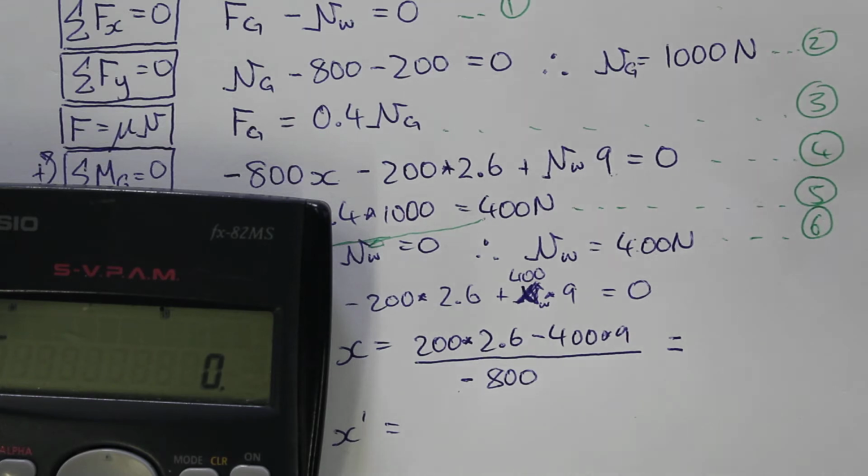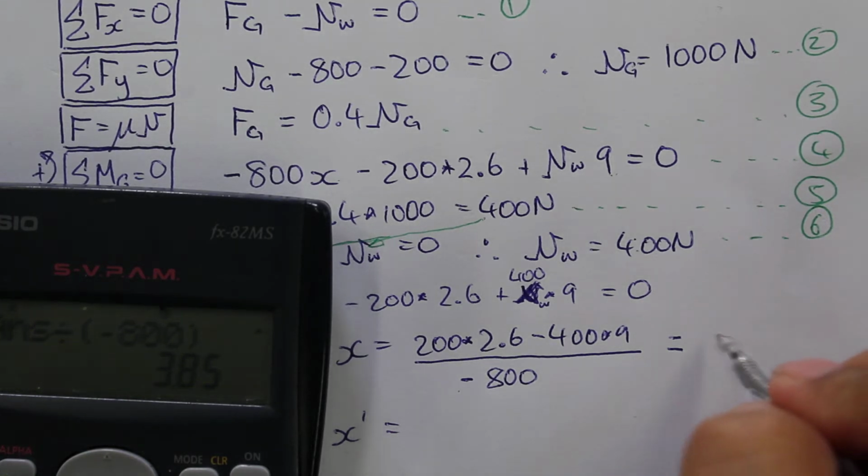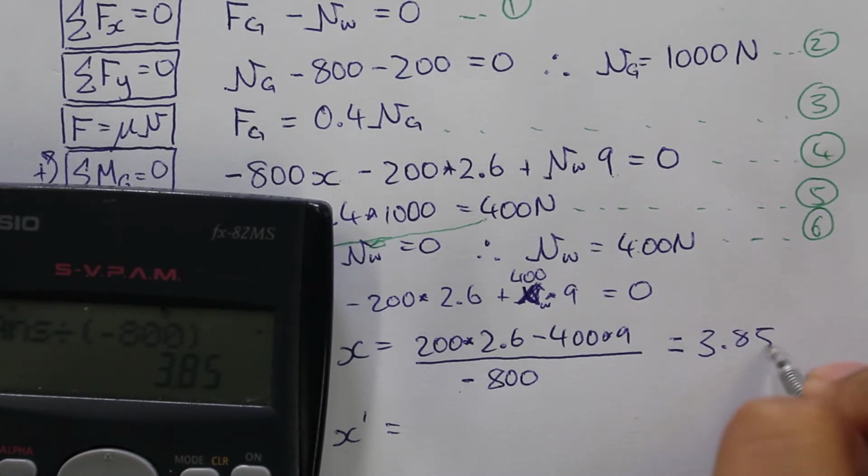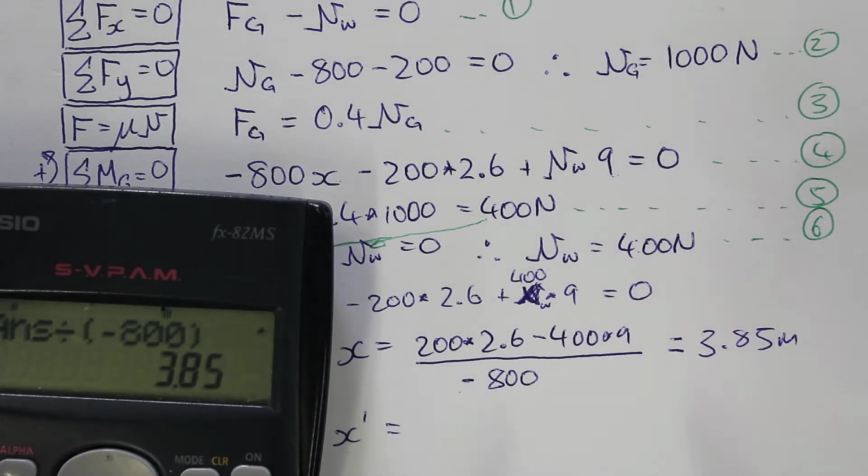Here we go: 200 times 2.6 minus 400 times 9, divided by negative 800, and we get 3.85 meters in the x direction.